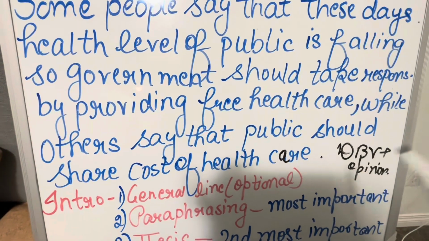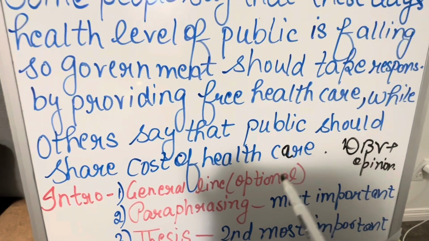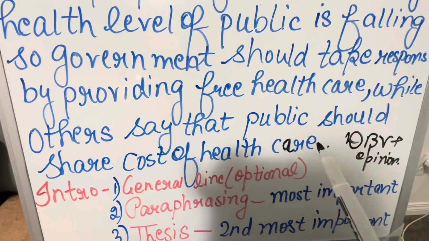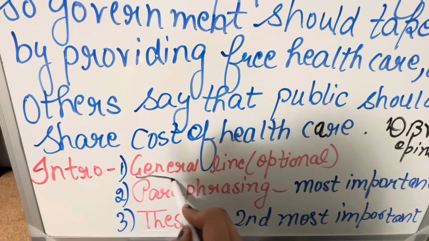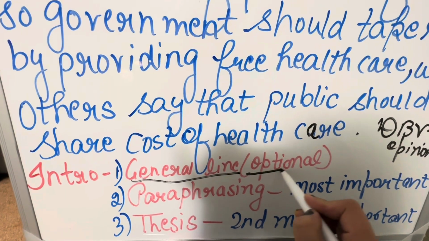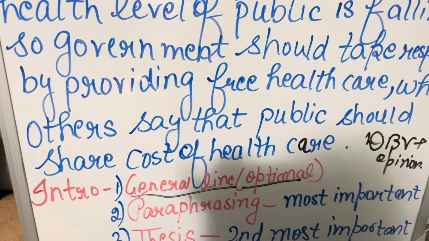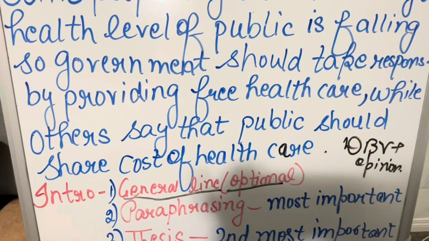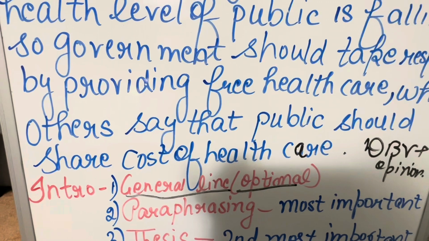But first of all, what today's video is all about is how to write an introduction. For the introduction, as you can see, first thing you can write is a general line. That is totally optional. You might have heard in multiple videos that if your general line is informative, if your general line is impressive, you will score higher bands.